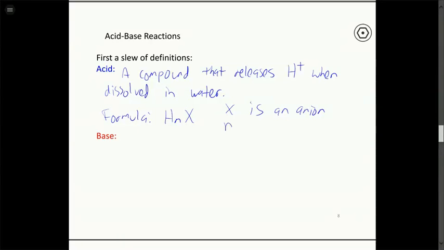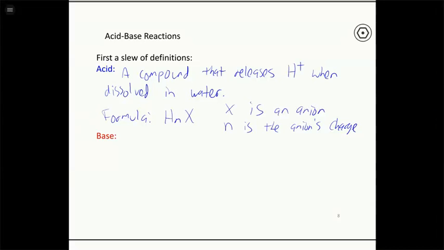And then the number of protons that you have, the number of H+, is going to be equal to the anion's charge. So there's a lot of similarities between acids and ionic compounds, because what you have is, again, H+ paired with an anion, and you have to have the correct number of H+ to balance the charge on the anion, whatever that is. Okay, so that's what the general formula for an acid looks like.